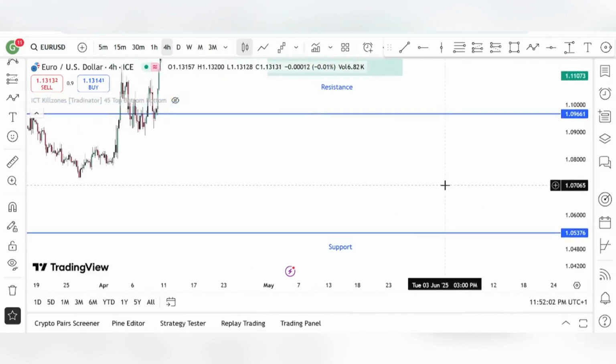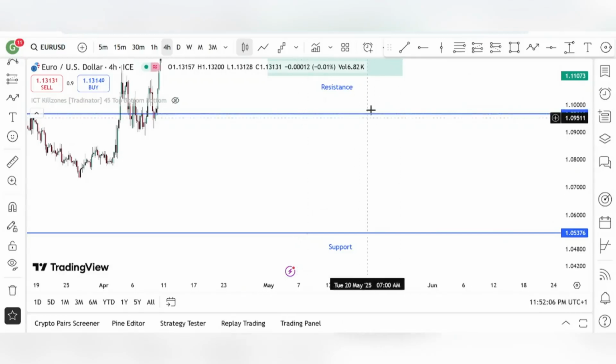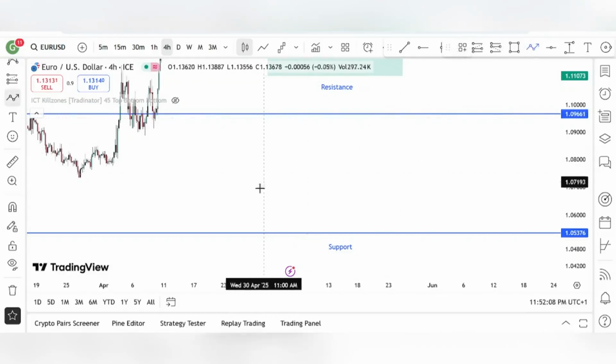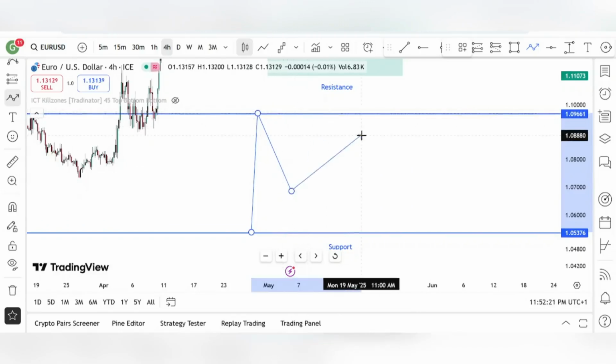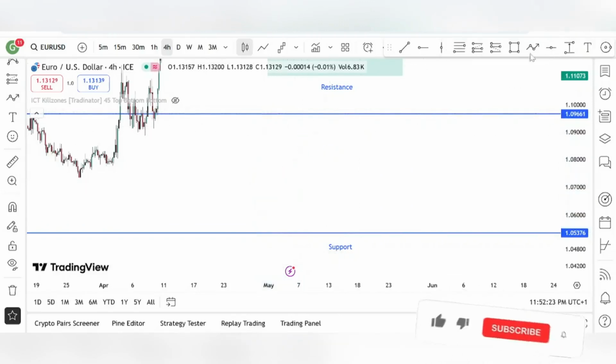So first let's examine the ascending triangle. First we have our resistance level, and then let's say this is our support. Just follow this now. Let me delete this.